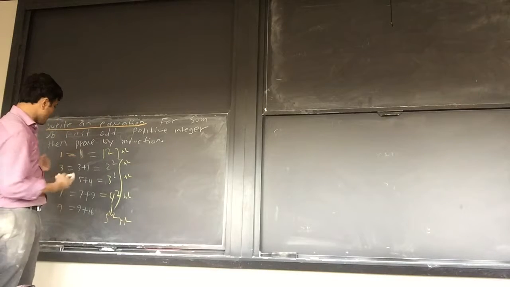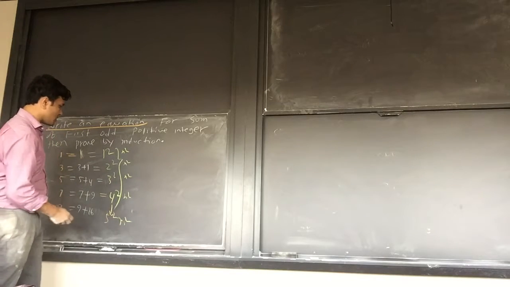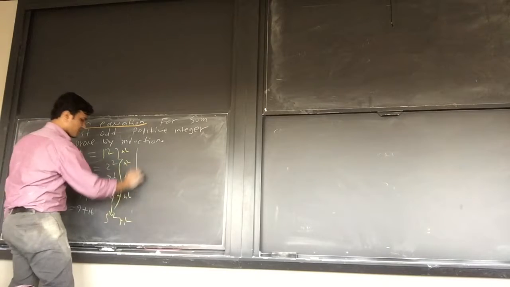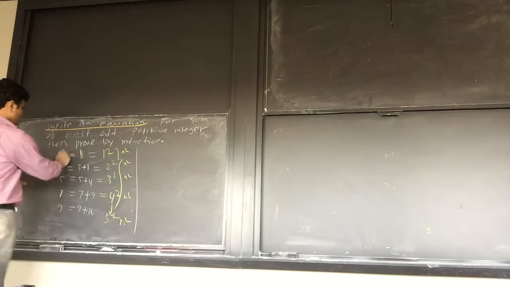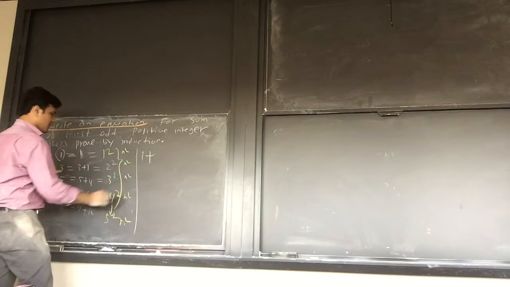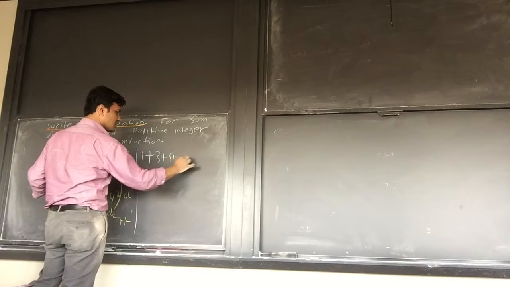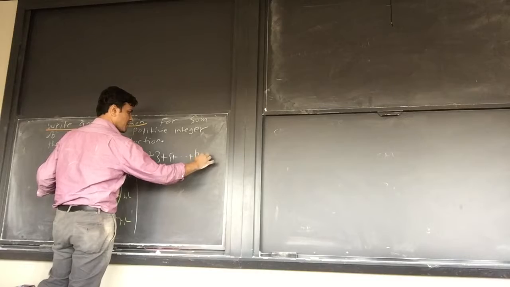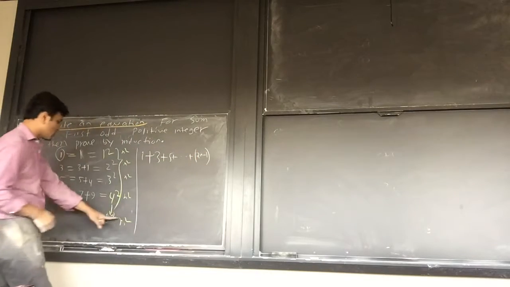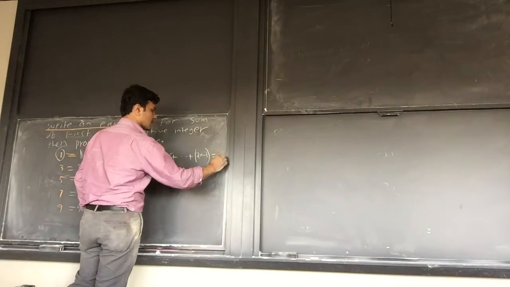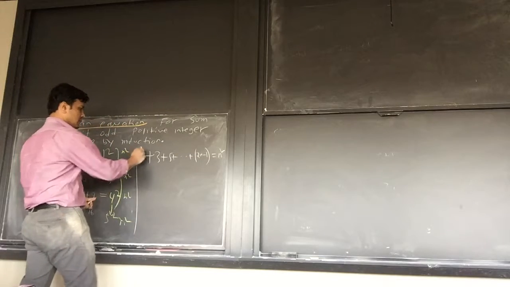Okay, now how can we use that to write the equation? So the equation must be 1 plus 3 plus 5 plus up to 2n minus 1 equal to n squared. So we wrote the equation.